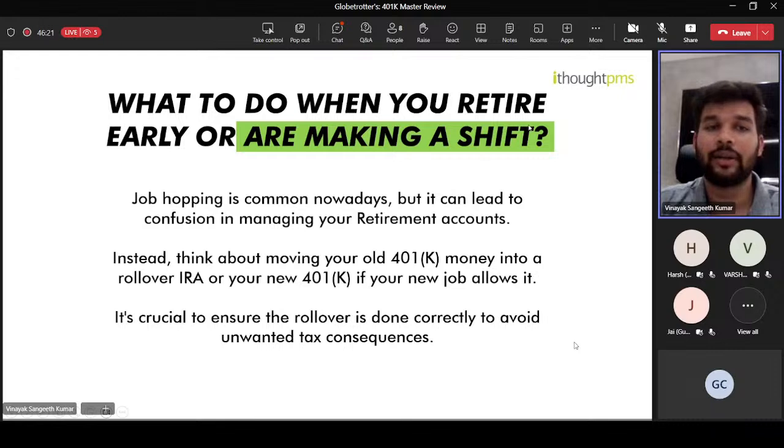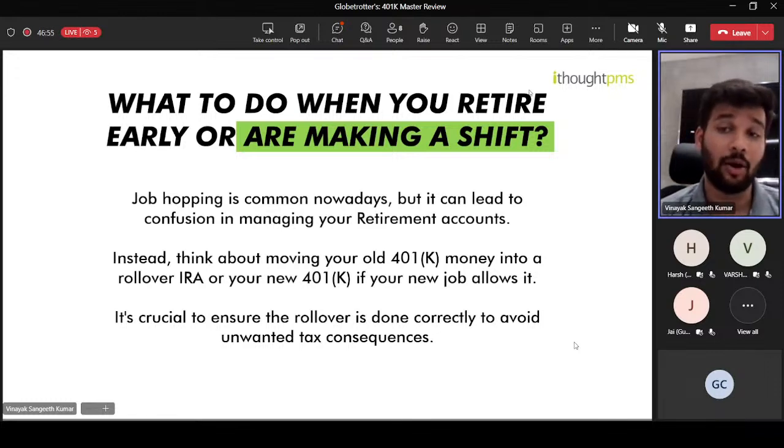So what do you do when you retire early or are planning to make a shift? Job hopping is very common nowadays, but it can lead to confusion in managing your retirement accounts. If you have a 401k account with a previous employer, some new employers might not provide an option to roll over to the new 401k plan. In that case, you can roll over your previous 401k account to a new IRA account, because if you don't roll it over, you won't be able to contribute to it.